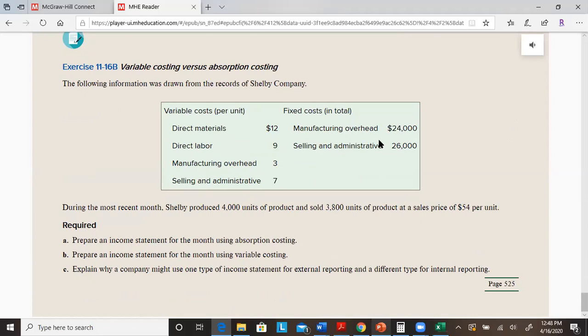So first, use the absorption costing. Again, revenue, direct materials, and direct labor are going to be the same regardless of which one you use. But with absorption, you want to have all of your overhead up here before your contribution margin, and then all of your selling and admin at the bottom. With variable, you're going to do variable on top and then fixed on the bottom. So go ahead and try it. Let me know.